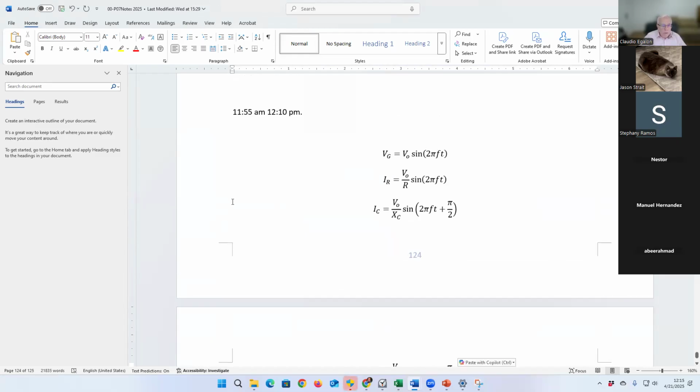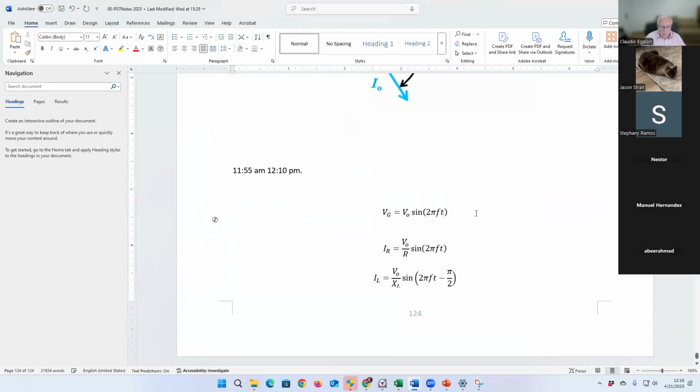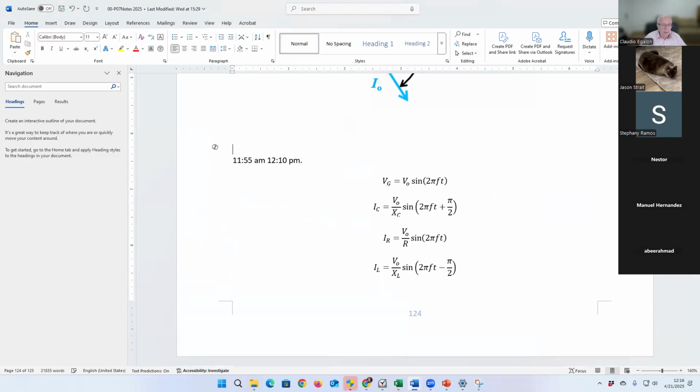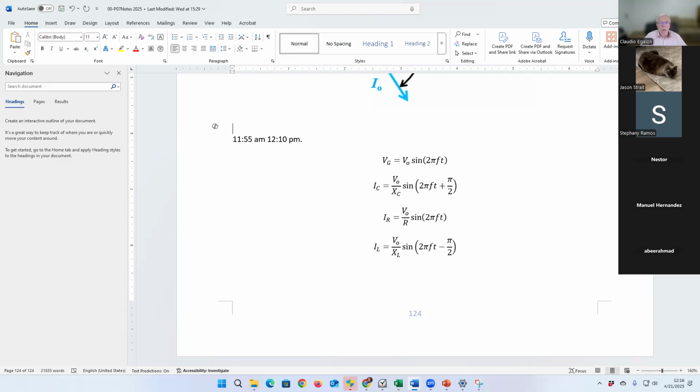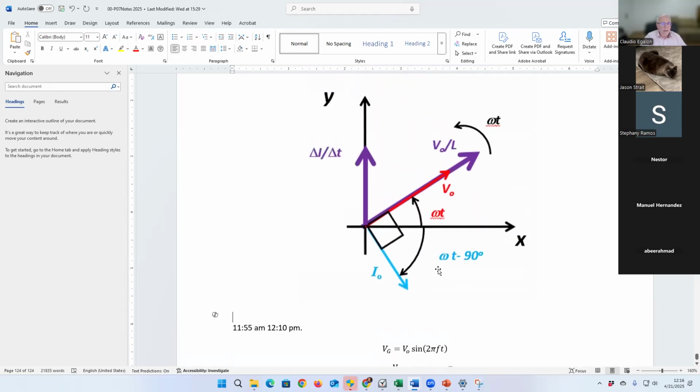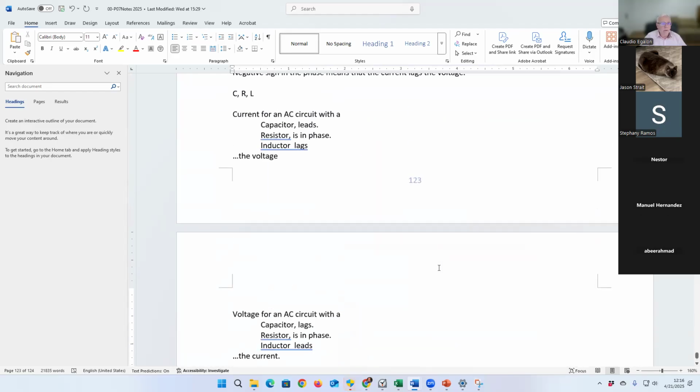What I want to do is put the current of the capacitor before the current of the resistor. We started with the resistor because it was the easier problem to solve. But don't forget, the simpler element is not the resistor. The simpler element is the capacitor. Capacitor leads, resistor is in phase, current of the inductor lags.